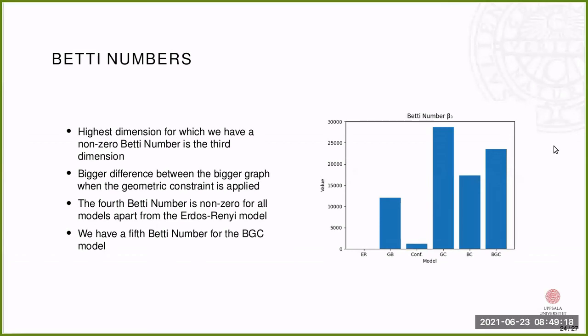Exactly. I have another question, because in that paper they really underlined the number of these very high dimensional simplices, 6 and 7.